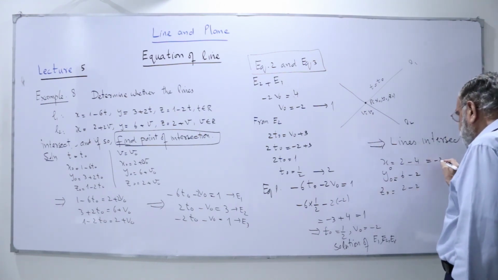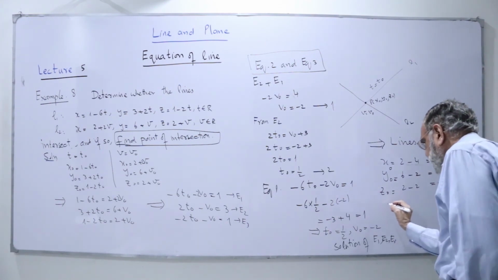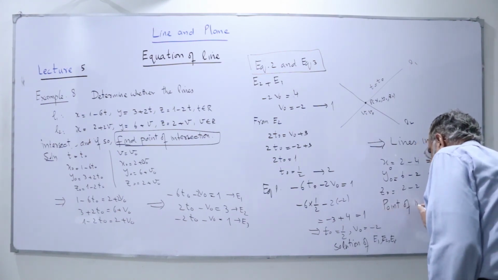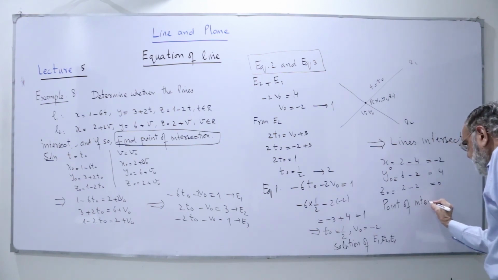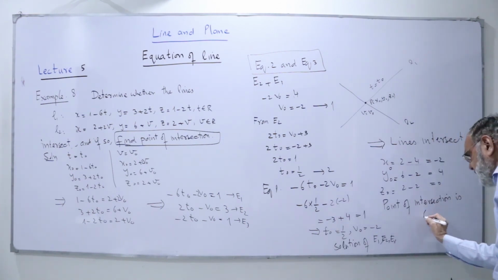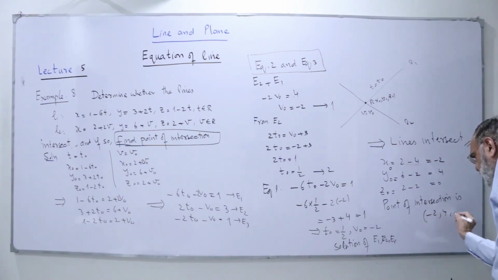I get x0 equal to minus 2, y0 equal to 4, and z0 equal to 0. So the point of intersection is the point minus 2, 4, 0.